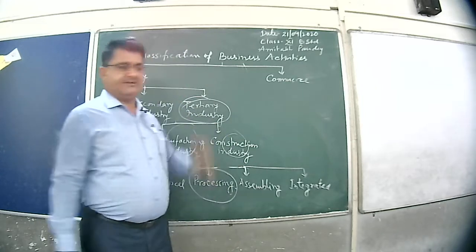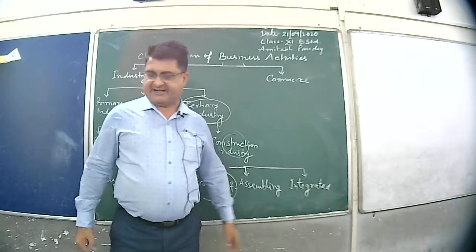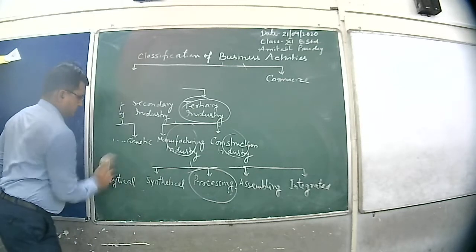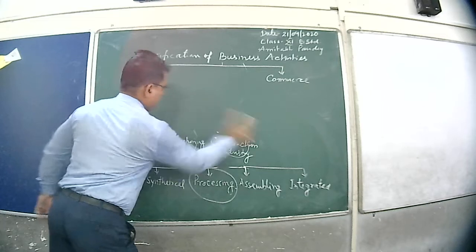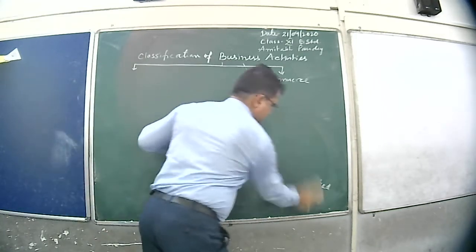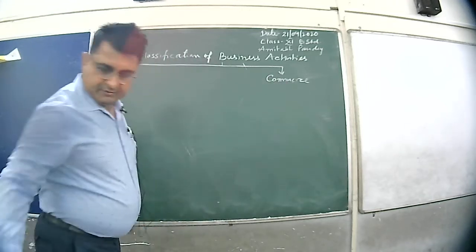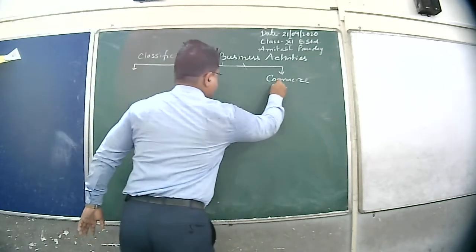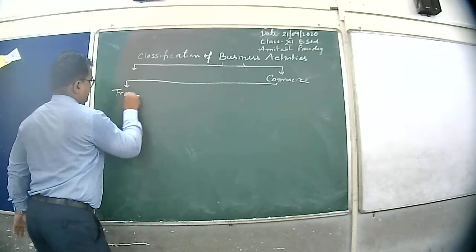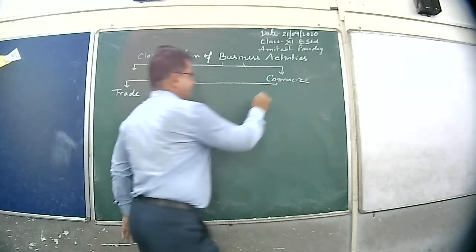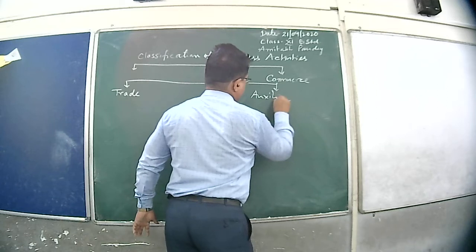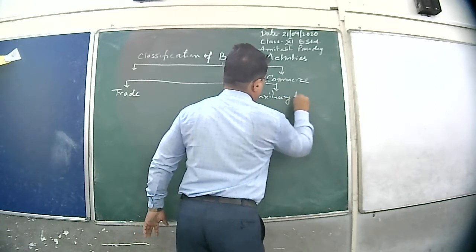Now come to commerce. Commerce has two classifications. Commerce is classified into two: trade, and the second one is auxiliary to trade.